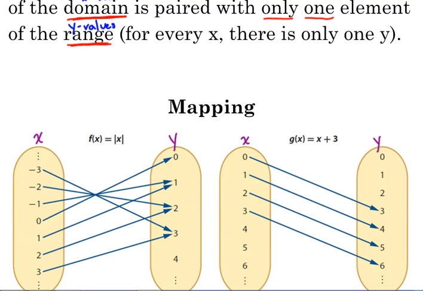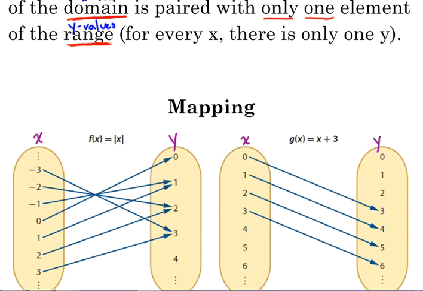So what it does is it says, okay, if my x value is -3, when I plug -3 into my function, the absolute value of -3 is +3. So -3 maps to +3 for this function. Okay, -2, the absolute value of -2 is +2, so -2 maps to +2 for this function.